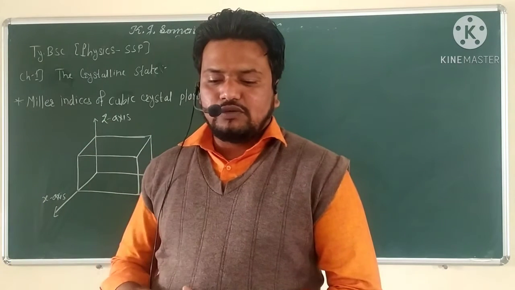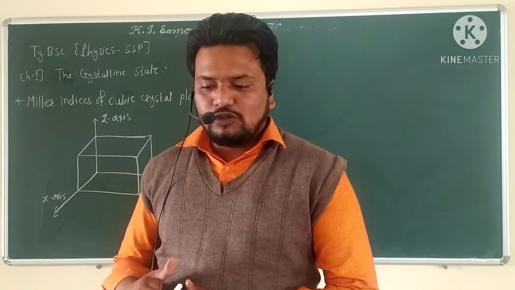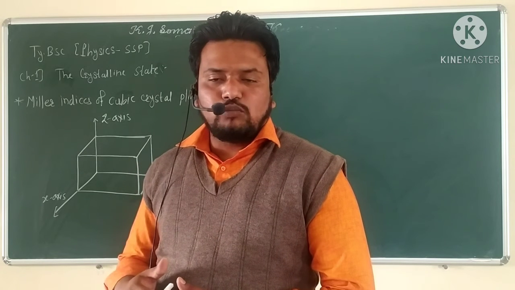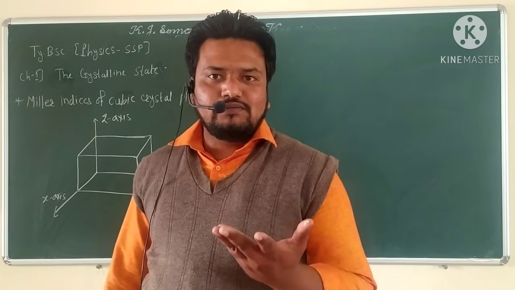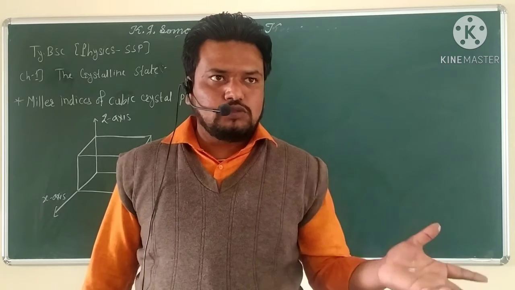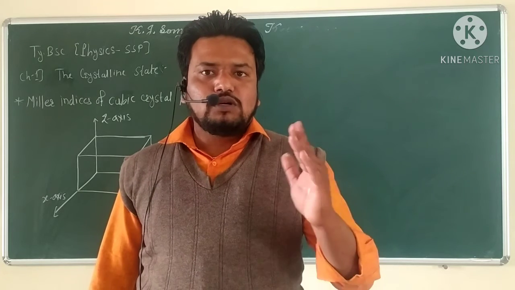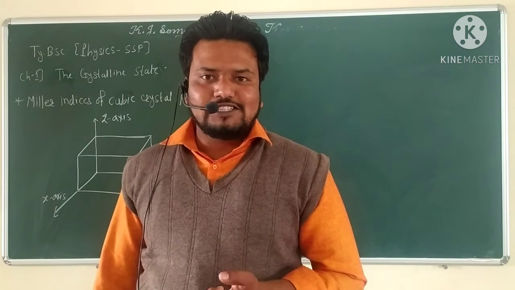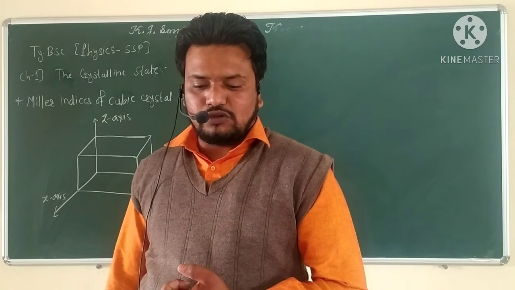When a plane is parallel to one of the coordinate axes, it is said to meet that axis at infinity, and in terms of the Miller indices we take the reciprocal of this infinity, so 1 upon infinity is equal to 0. So the Miller index of this axis is considered as 0.